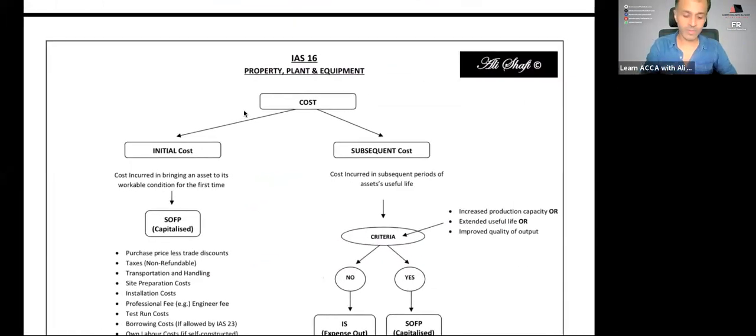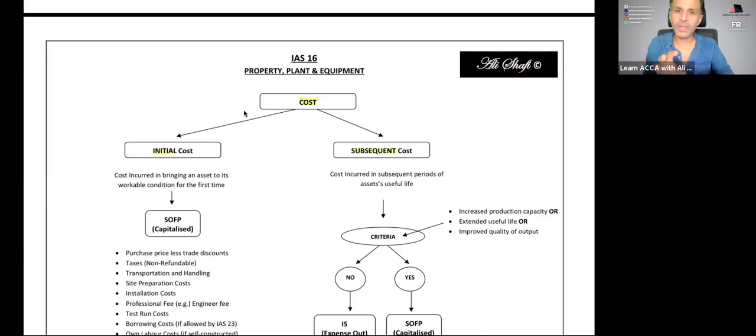So what is cost? I have been able to segregate the cost into its two components, initial cost and subsequent cost. Let me first tell you the difference between these two types. Subsequent, as the name suggests, these costs are incurred in the later years of the asset's life. For example, after 2 years of owning the asset, you may decide to repaint the walls, or construct one extra room in it.